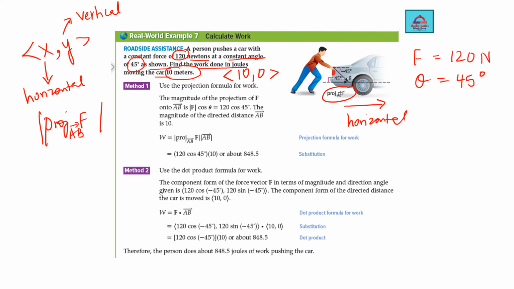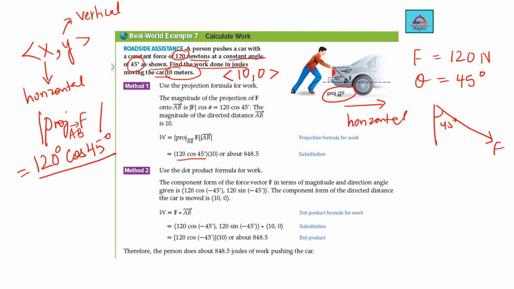Now this projection, again from the figure you can see, this is the force, this is the angle 45, so it is applied in the horizontal direction. That means this horizontal component can be calculated by taking the force times the cos of the angle. So 120 cos 45, that will be the value of the projection.